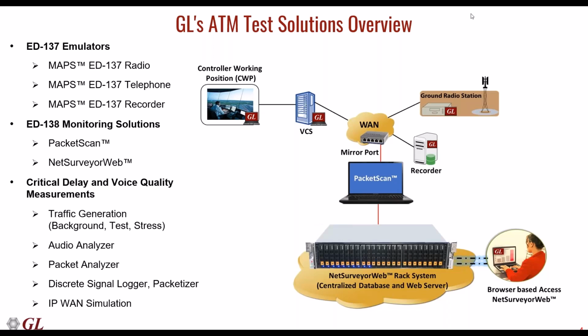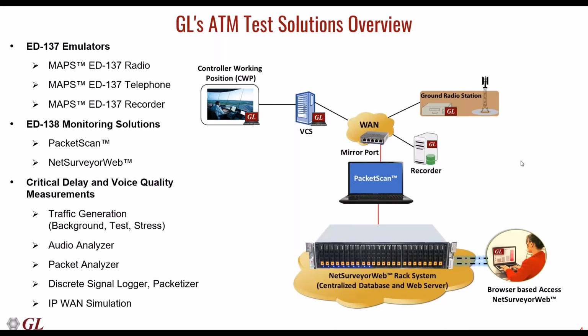As it collects these statistics, it sends them to a centralized database in real time. There could be multiple PacketScan probes installed in a geographically distributed network, and all of them can send the call detail records to the central database.